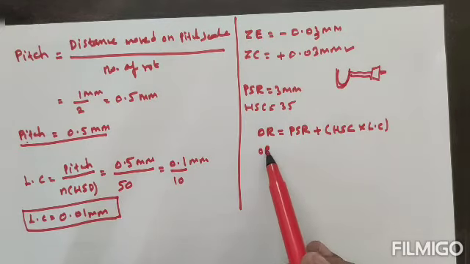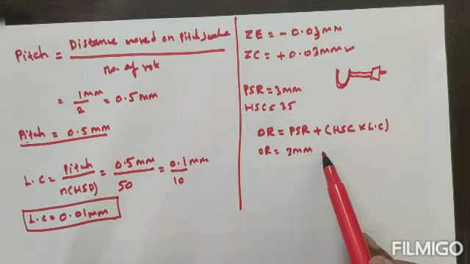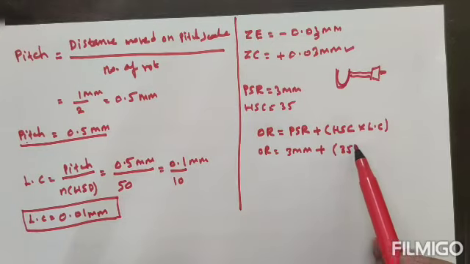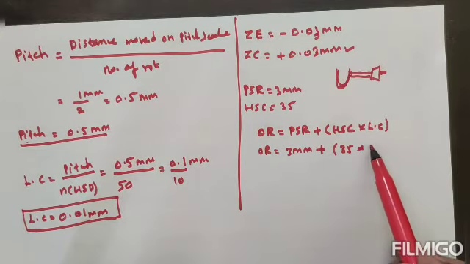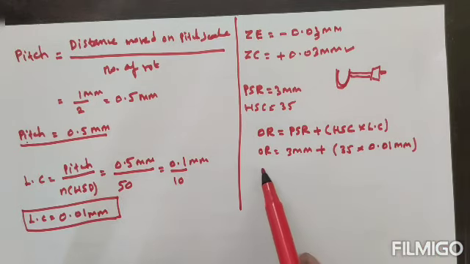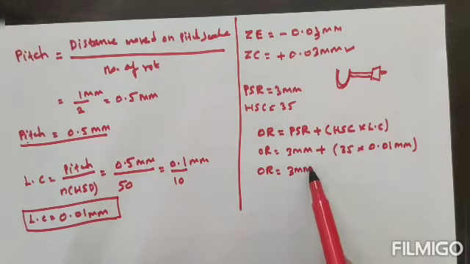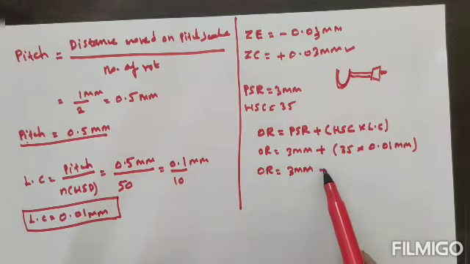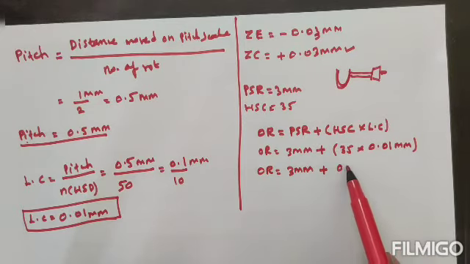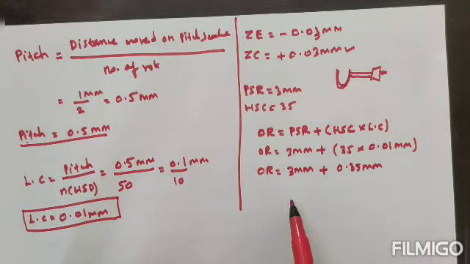So observed reading equals 3 millimeter plus 35 into 0.01 millimeter, which is 0.35 millimeter.